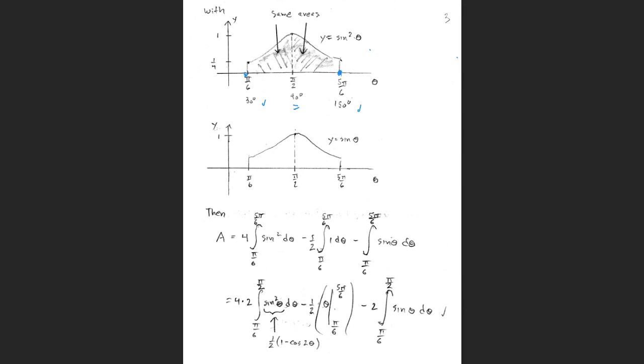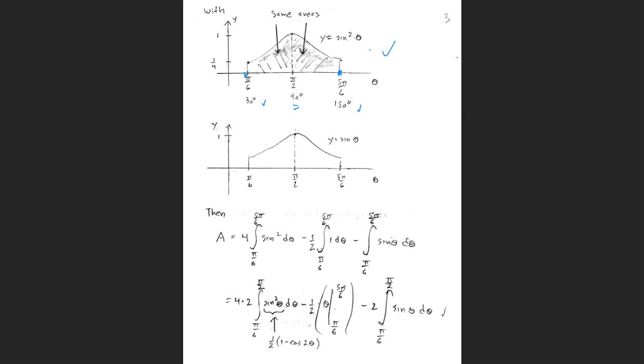And the sine squared of theta, based on the graph, the areas are the same to the left and the right of pi over 2. So we can use symmetry of the sine squared of theta about pi over 2 to help us.